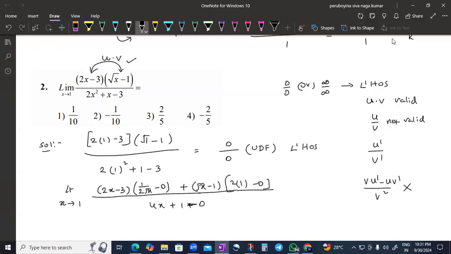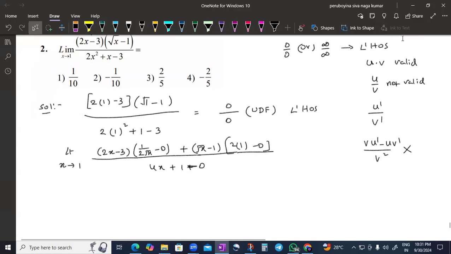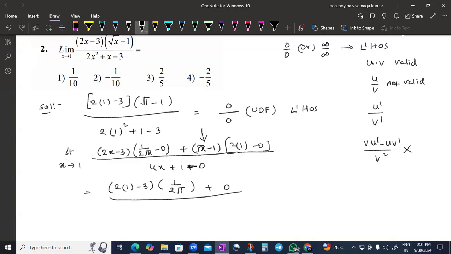After differentiating one time, we will substitute x value 1. So 2 into 1 minus 3, multiplied by 1 by 2 into root 1, plus of course the remaining part is 0, because in root x minus 1 we are substituting x value 1, so it will be 0.